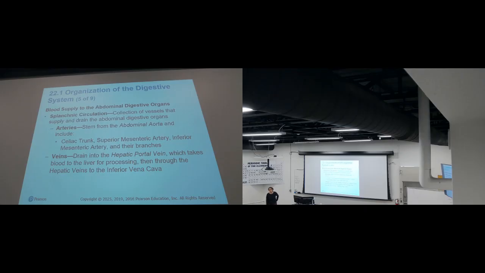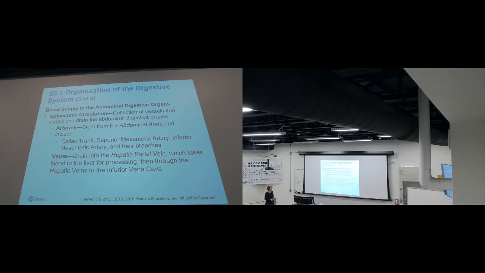Celiac trunk gives blood supply to the spleen, the stomach, the pancreas, and the liver, while the superior mesenteric provides blood supply to the small intestines and the first half of the large intestines. Inferior mesenteric provides blood supply to the second half of the large intestines.